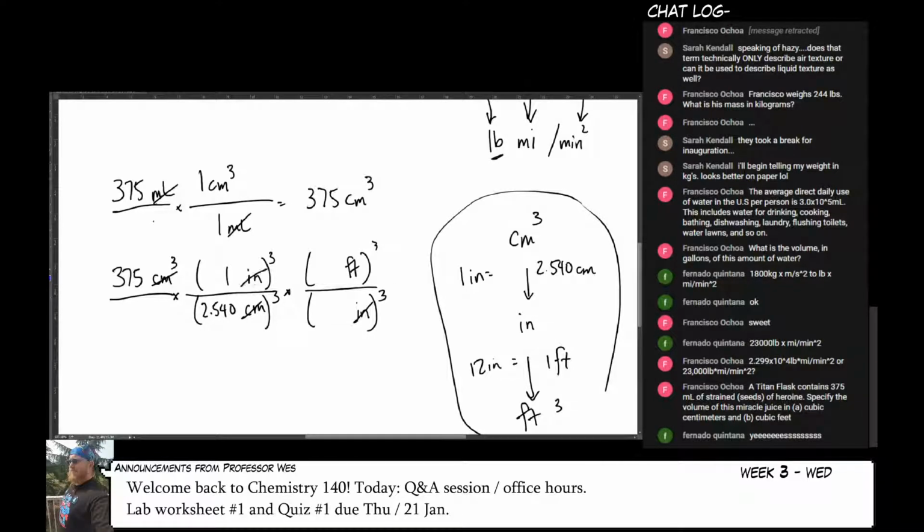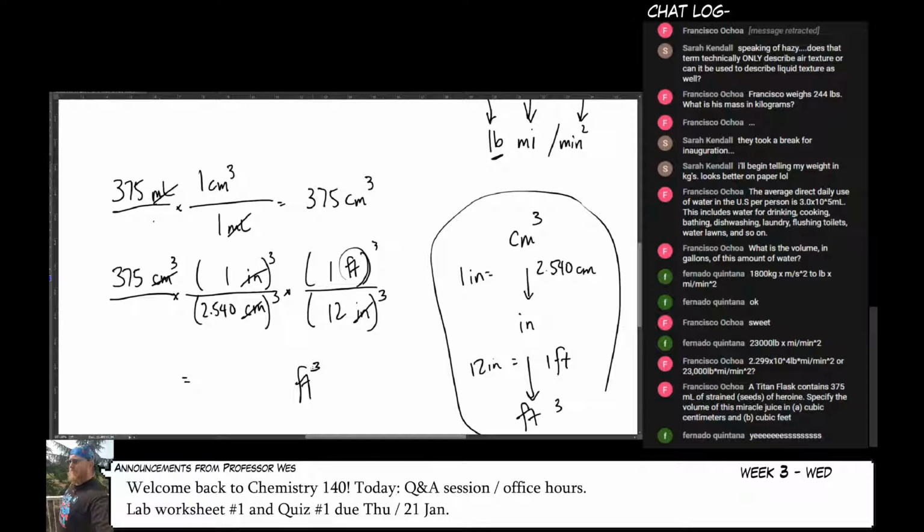All right, we'll cancel out inches to get feet. There are 12 inches in a foot. This will be the unit that's left over. And we'll punch it in and get 375 divided by 2.540 cubed times 12 cubed.